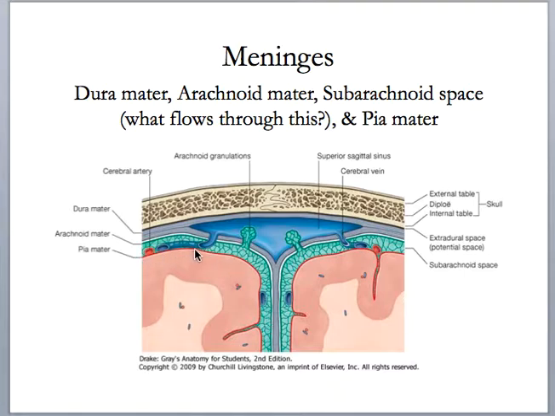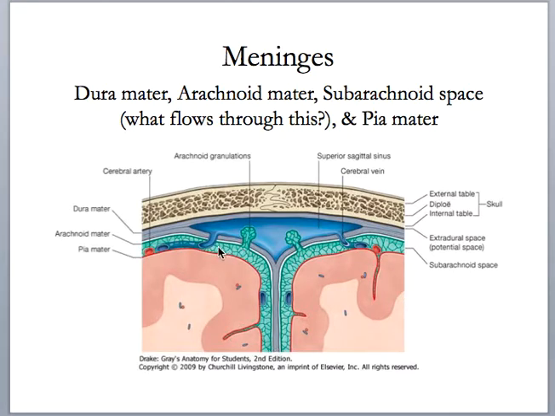Now, this pink or red line that is directly adhered to the brain itself is the pia mater. The pia mater is so directly adhered to the brain that it's almost impossible to tease apart. So when you touch the brains in lab, what you're touching is actually pia mater. It's very highly vascularized. It contains all the capillary beds that will nourish the cells of the brain.